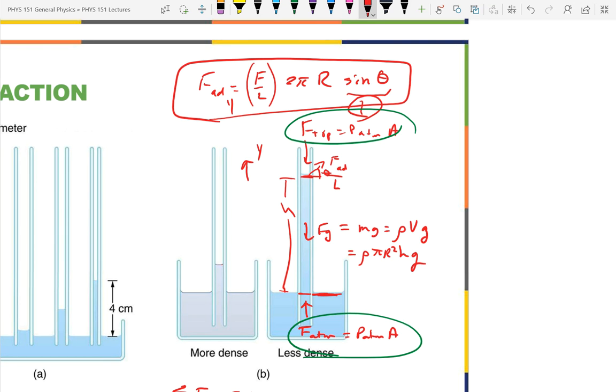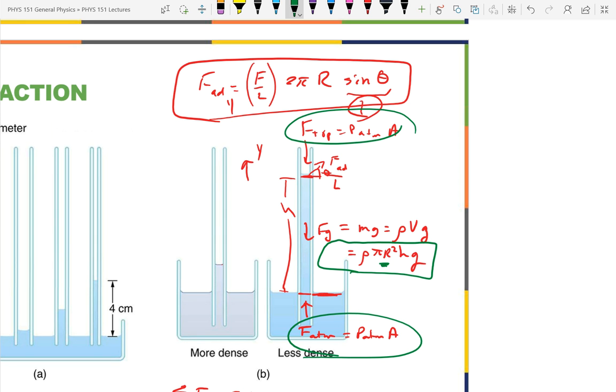But if you look at the downward force, as radius increases, what happens to the downward force? It also increases, but it increases as radius squared. So the downward force increases as the square of the radius. The upward force increases proportional to the radius.